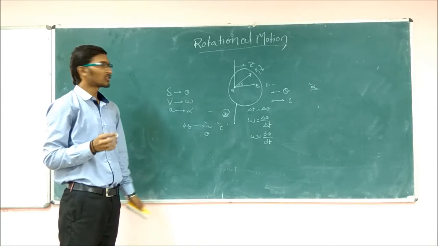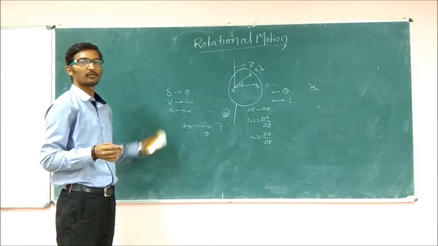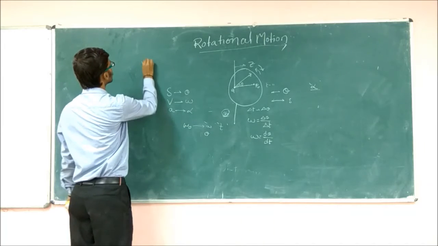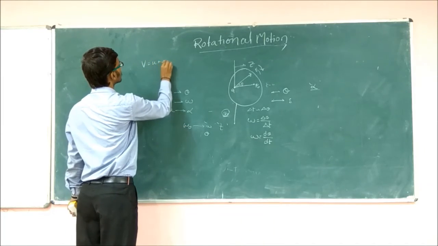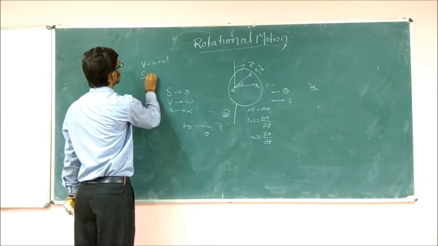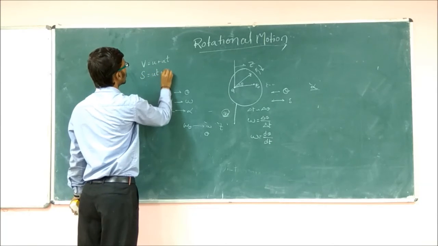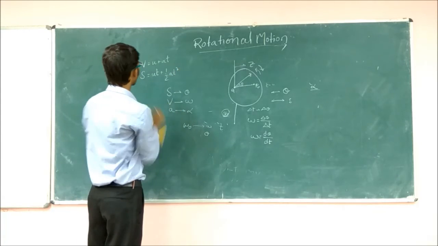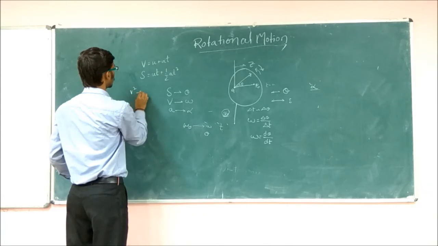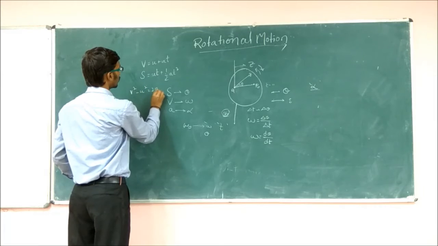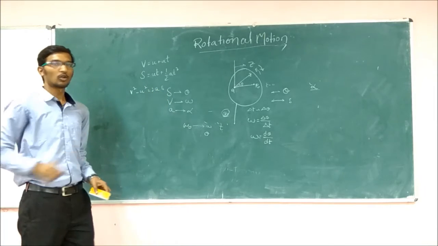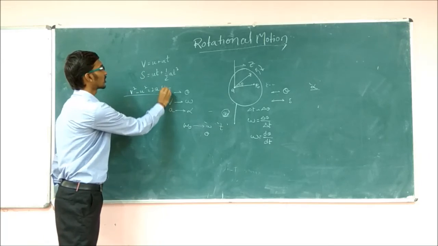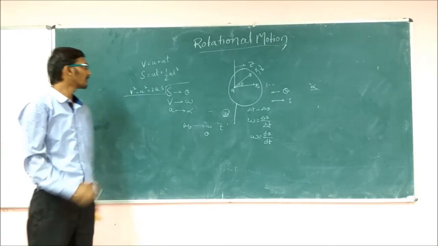You have studied in translational motion that the equations of motion for a body moving in translation are v is equal to u plus at, s is equal to ut plus half at square, and v square minus u square is equal to 2as. So we substitute these analogous terms in these equations and find the equations of motion for rotational motion, which is simple.